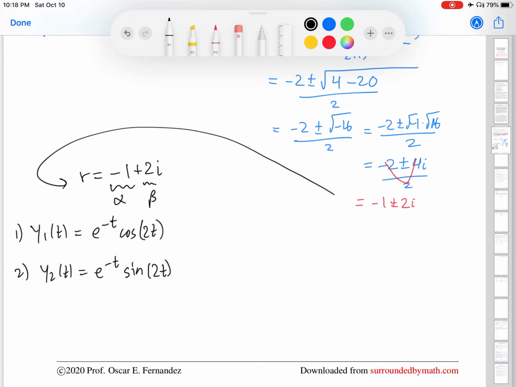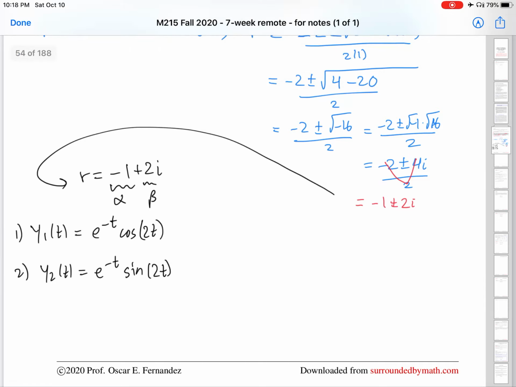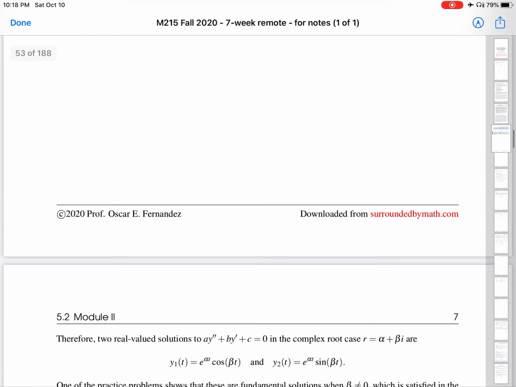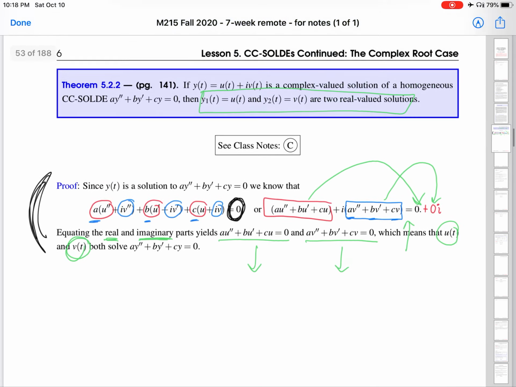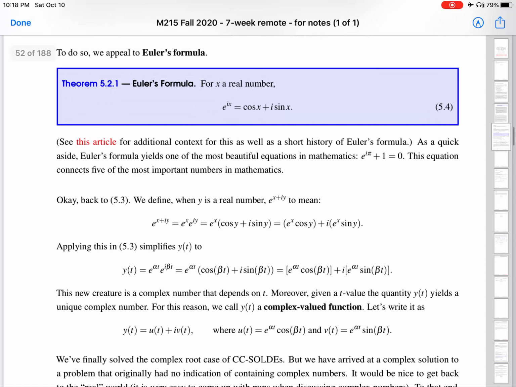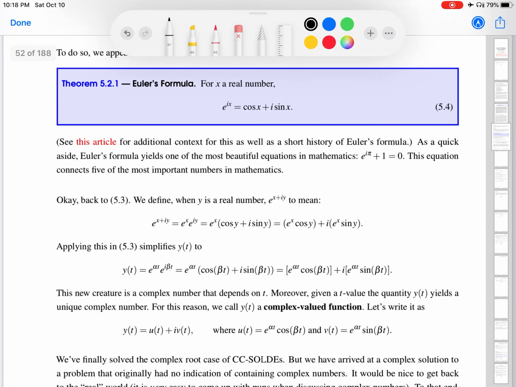Okay. And again, if you're wondering how did the sines and cosines come up, that was this portion of the derivation where we used Euler's formula to make sense of this complex root, e to the rt, and decompose it.